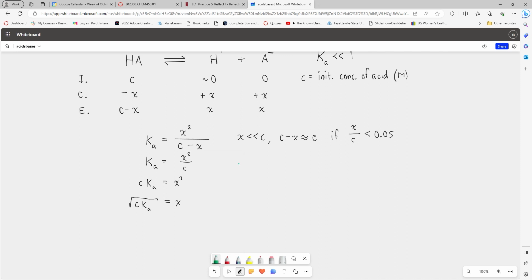So let's say we have a problem where we need to know the pH of 0.1 molar acetic acid, whose formula is HC2H3O2. And the Ka value is given. It's 1.8 times 10 to the minus fifth. Remember, K values have no units.